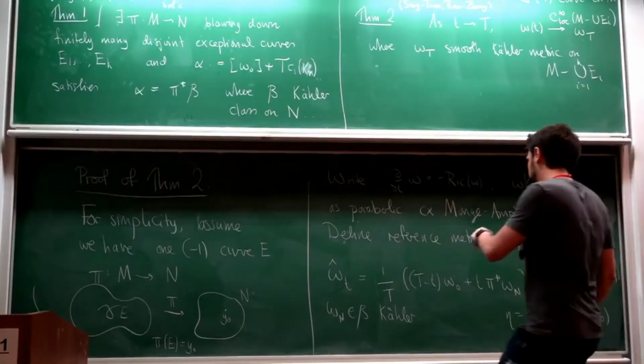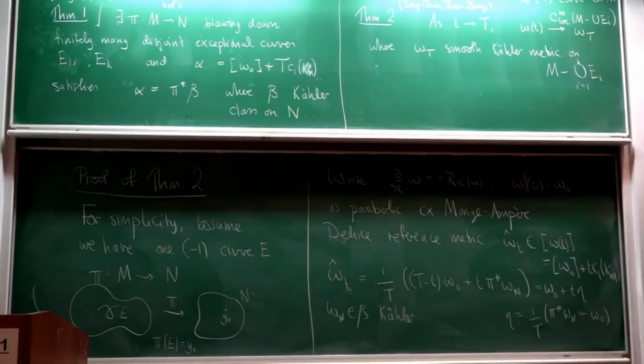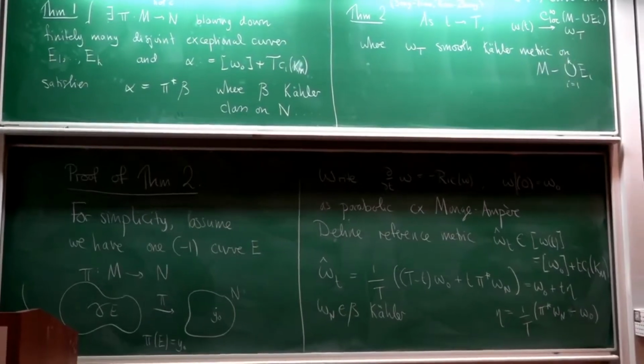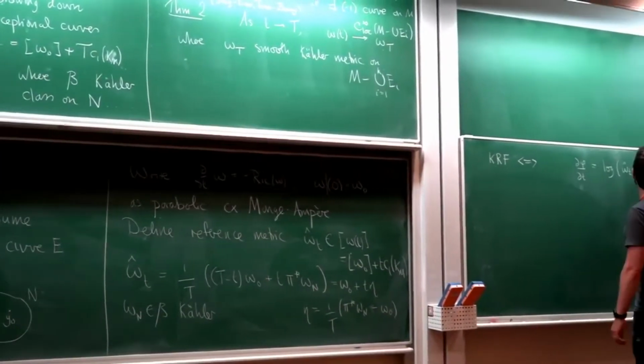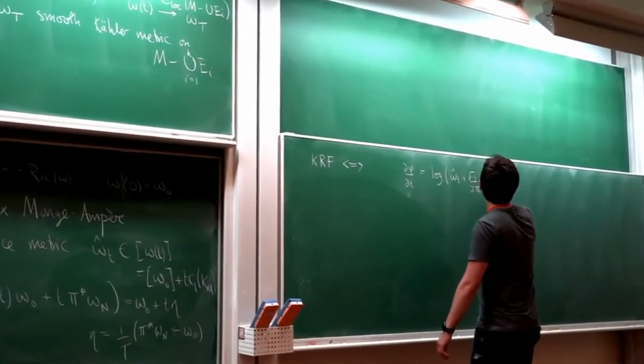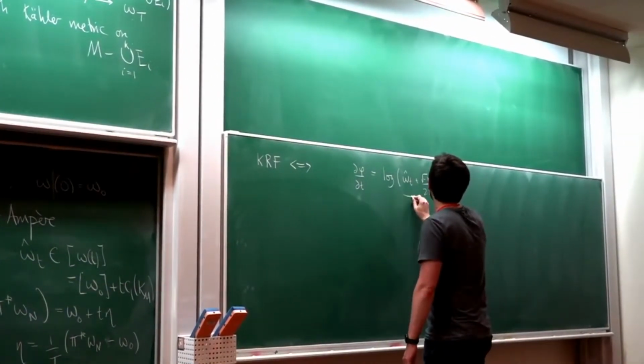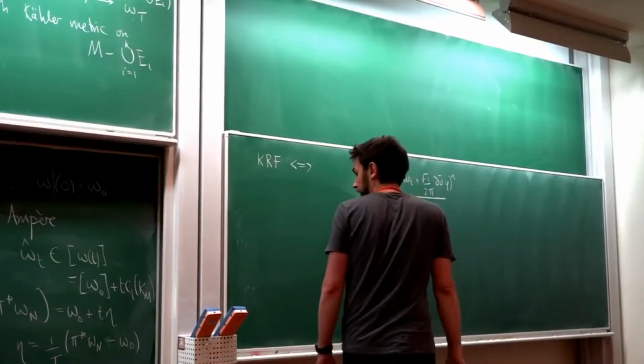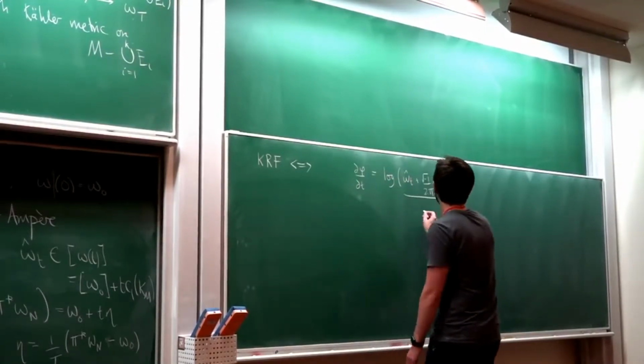All right. So then the Kähler-Ricci flow is equivalent to solving the following equation: d phi dt is the log of (omega hat t plus, with some factor of 2 pi, dd bar of phi) to the n over, oh, I need some volume.